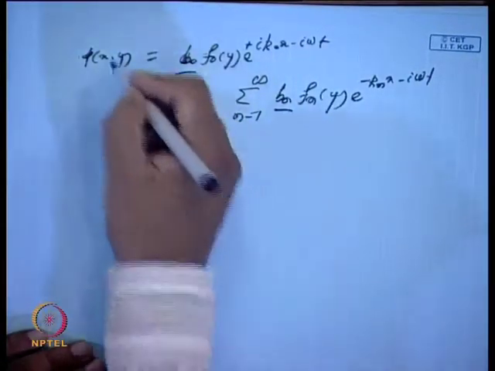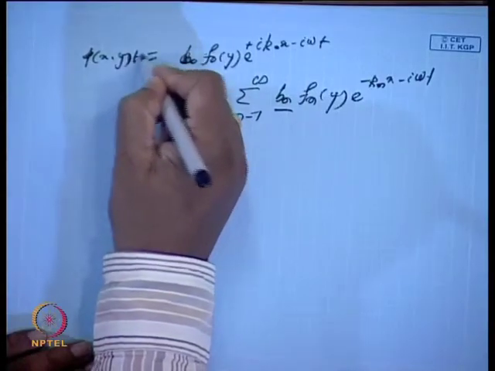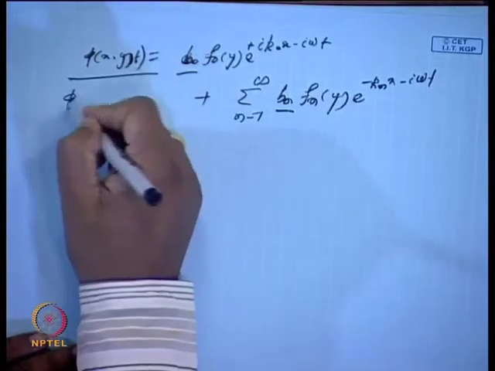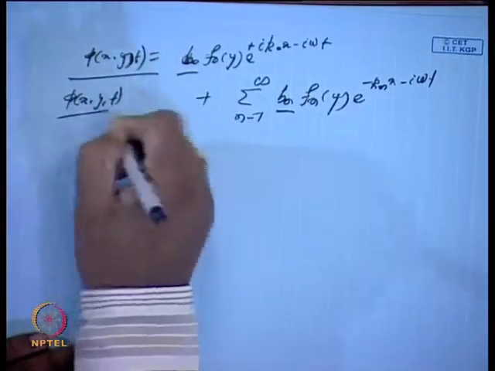Now everything is known; it is called a function of x, y and t, because phi is a function of x, y, comma t.